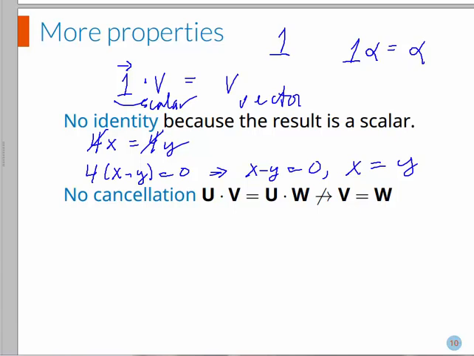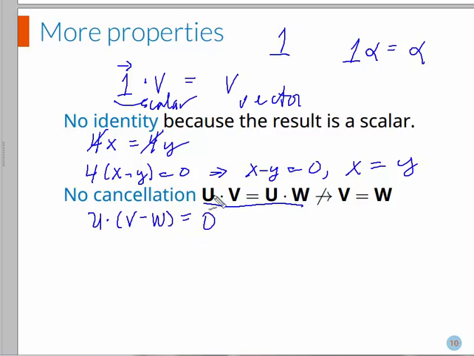This is important because it might be a test question. All right, if we have u dot v equals u dot w, it can be written as u dot (v minus w) equal to 0.